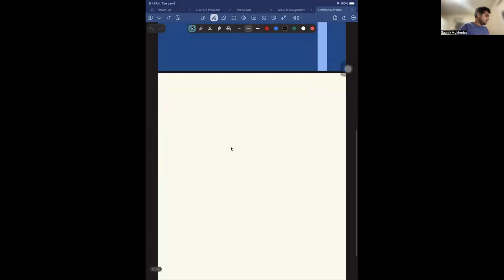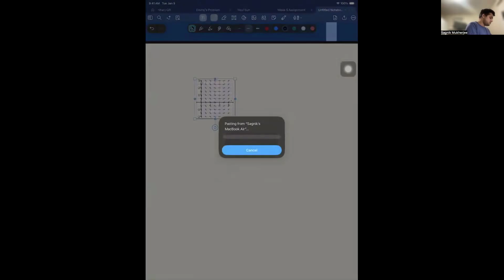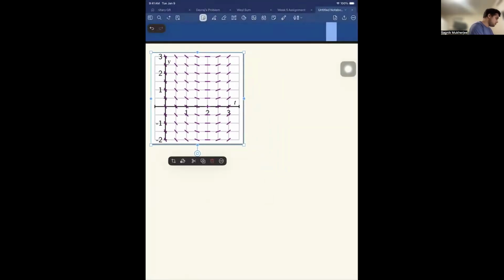Yeah, I hope you can see the screen. So if I take this diagram, for example, the underlying equation is dy/dt equals t minus 2.